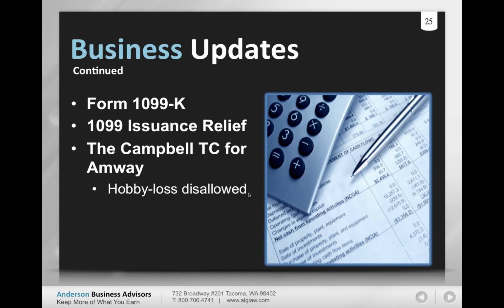S corps and partnerships each have an audit rate of less than 0.5%. Now that's not 1.5%. That is less than 0.5%, and that's staggering. So with regard to that, we definitely want to make sure that we mention here that the IRS for 2013 is going to really be hot on these small Schedule Cs.